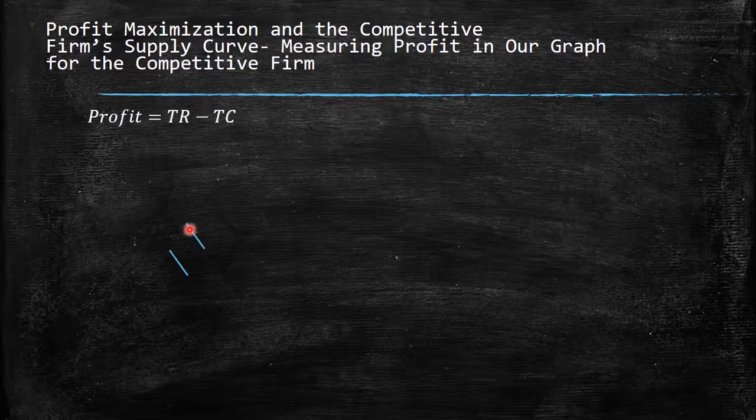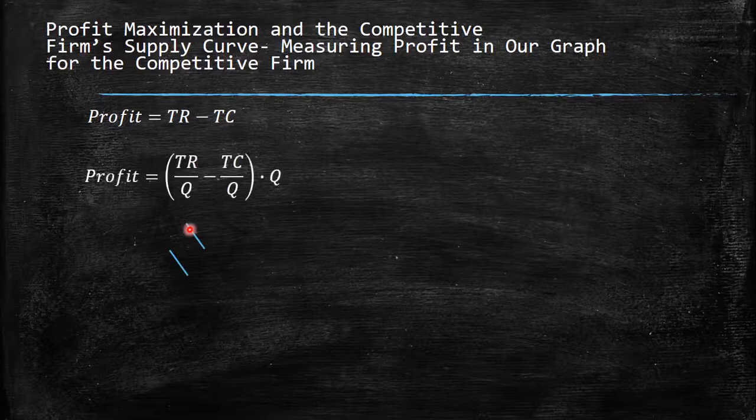Here we start from the idea of maximization of the firm, which is profit equal to total revenue minus total cost. We're going to do practically the same as the inequalities that we showed before. We divide everything by Q and multiply by Q, so it remains the same. We're not changing anything, this is algebra.